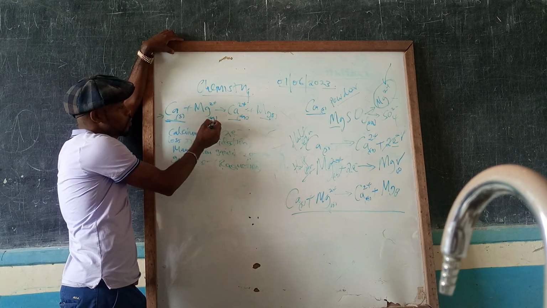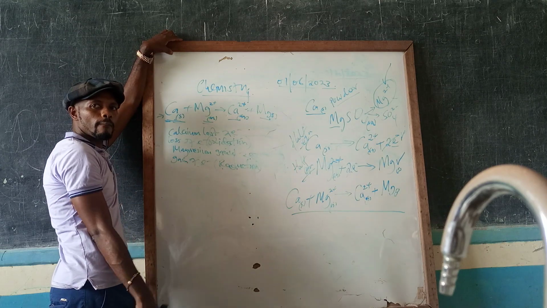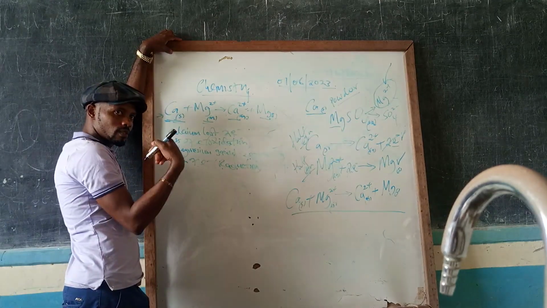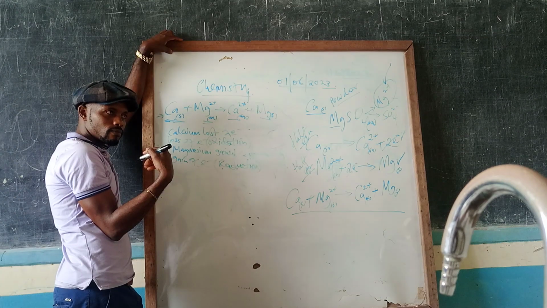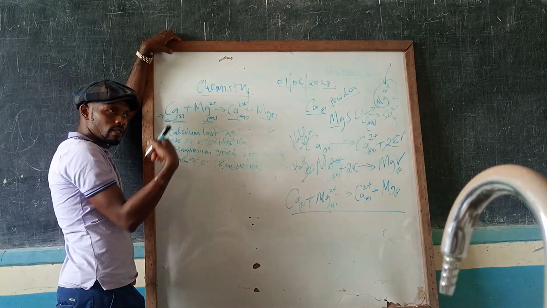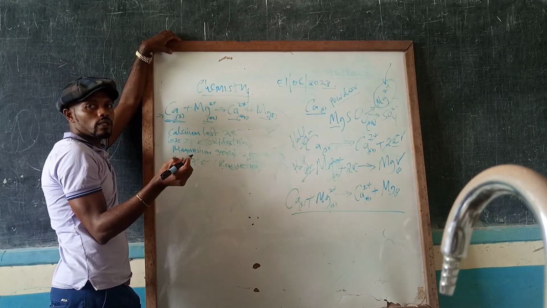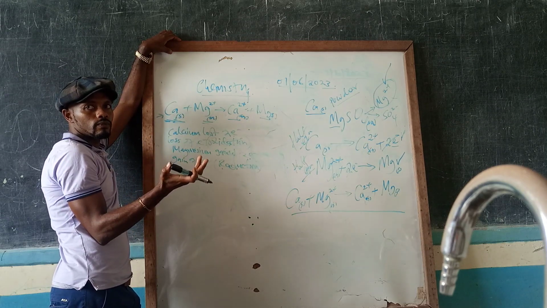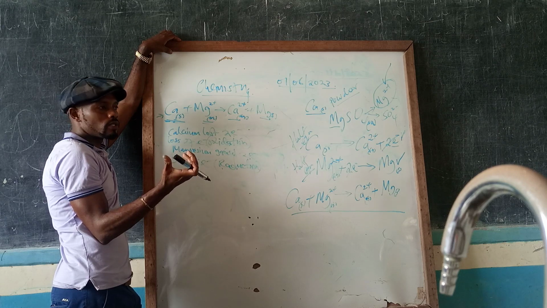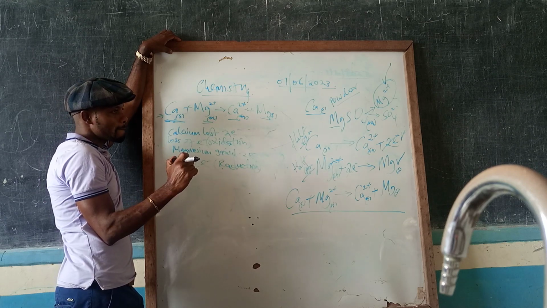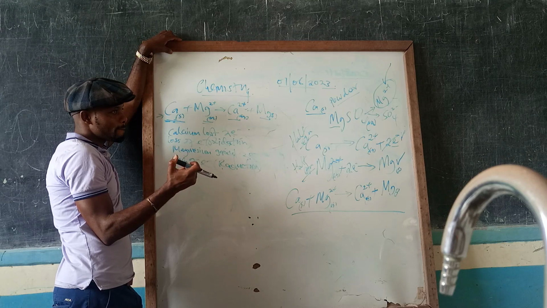Amongst the two, which one has been reduced? We know reduction is gain of electrons. So which species between the two has been reduced? Calcium? Why? Because it is the oxidizing agent to magnesium.